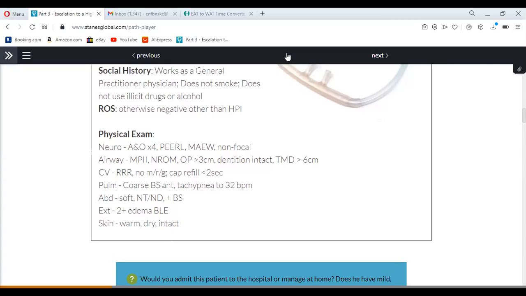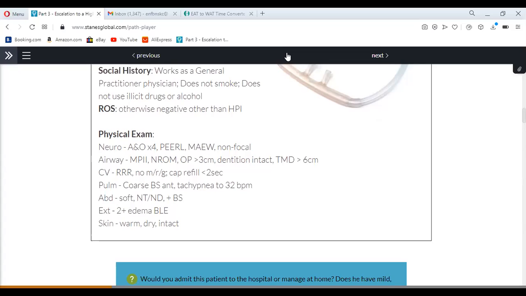And he moves all extremities, and there is no focal deficit. Airway has Mallampati 2. This is what we do in anesthesia. You assess the airway.